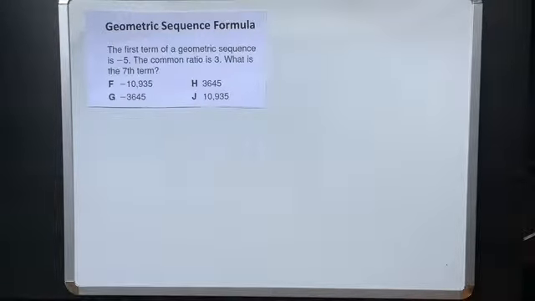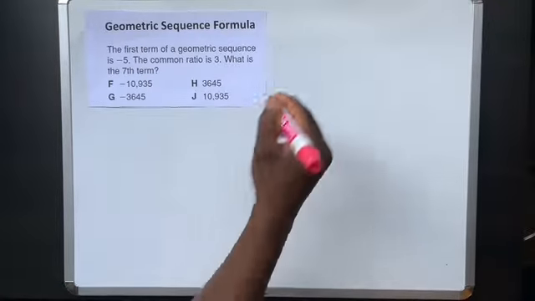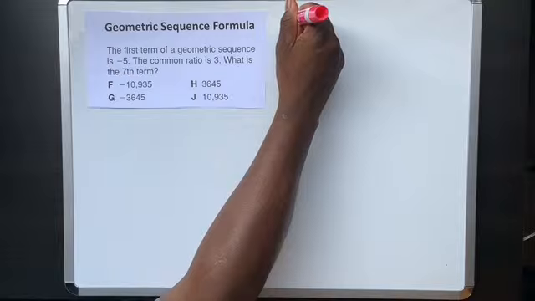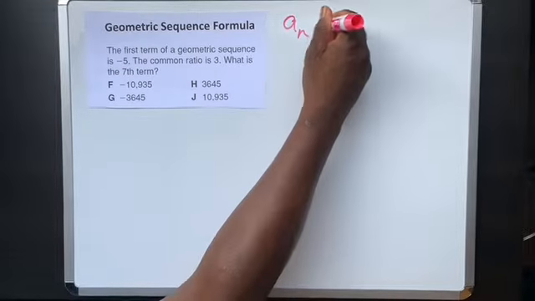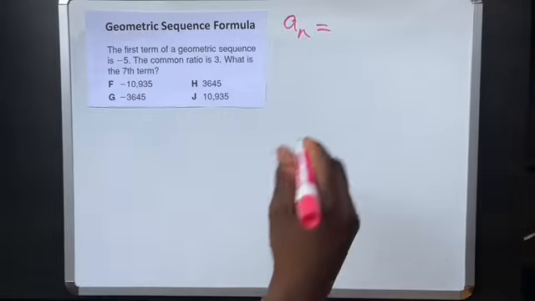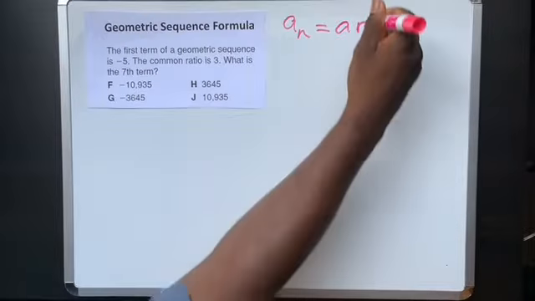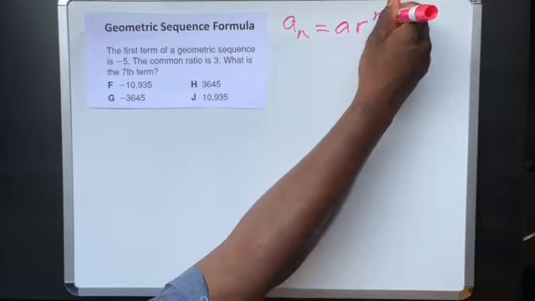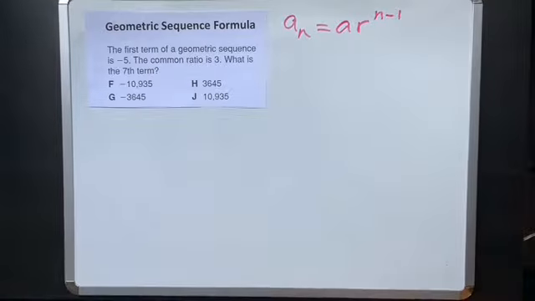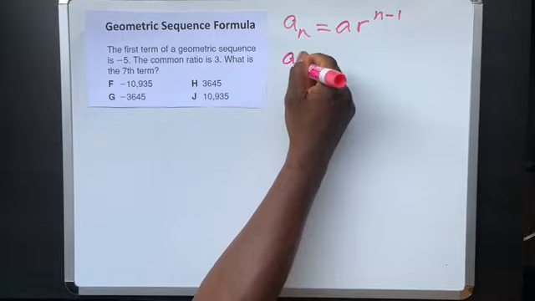So let's go ahead and write the formula for the geometric sequence. We have a sub n equals a times r raised to the n minus 1. All right, let's talk a little bit about that.